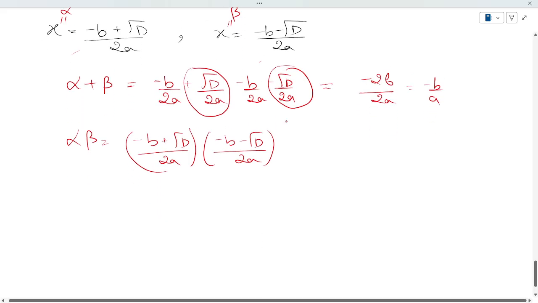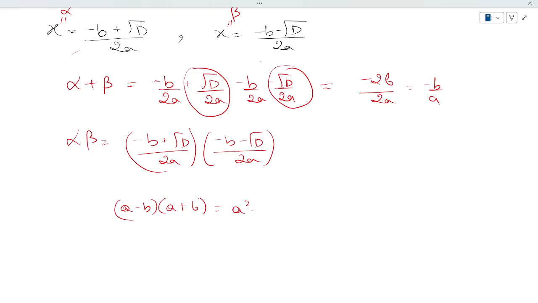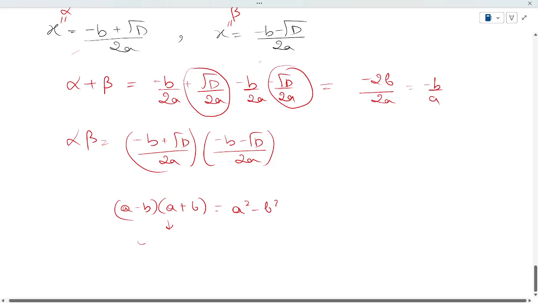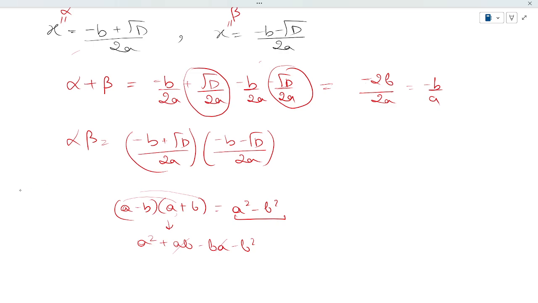Do you know how you can write a minus b times a plus b? This can be written as a square minus b square. We have learned the distributive property. Can you expand this? This will be a square plus ab minus ba minus b square. The middle terms will cancel out, and this will be a square minus b square.